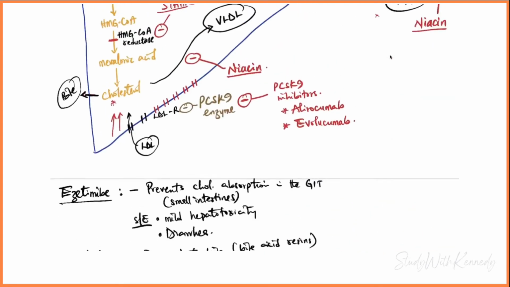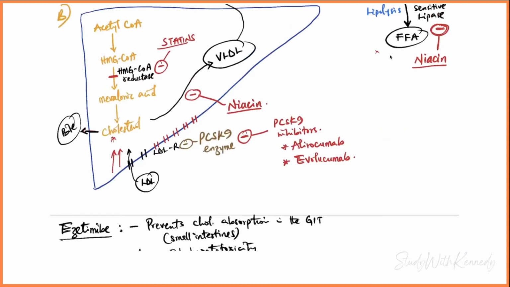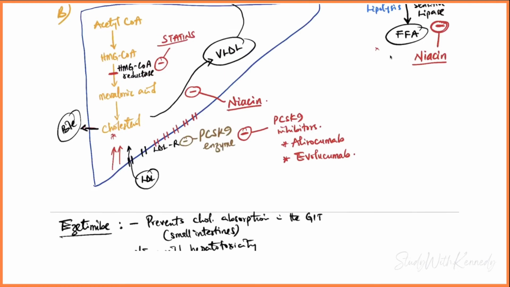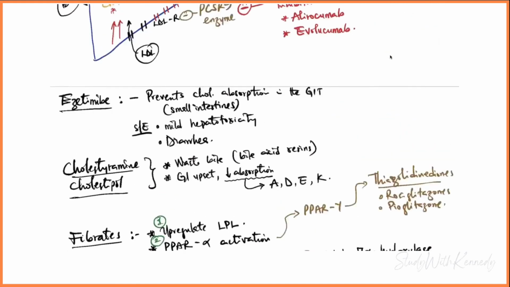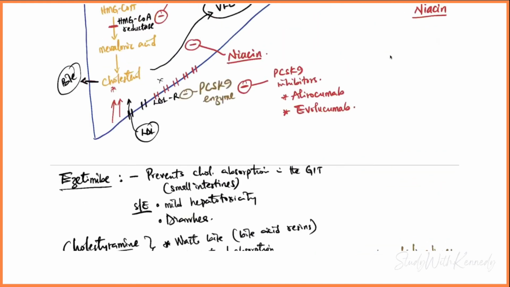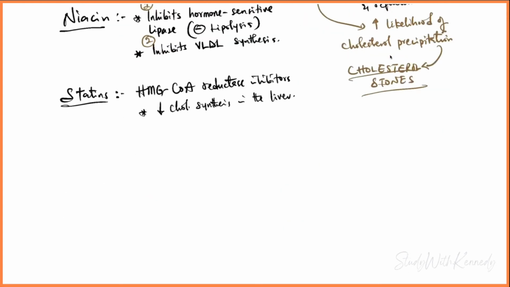And then we said if you inhibit cholesterol synthesis, the liver will have to find alternative sources of cholesterol. And how does it do that? It upregulates LDL receptors. So statins cause upregulation of LDL receptor; they increase LDL receptor expression.